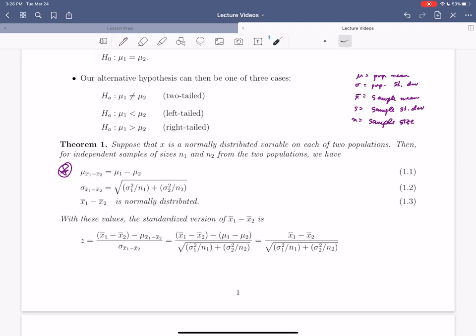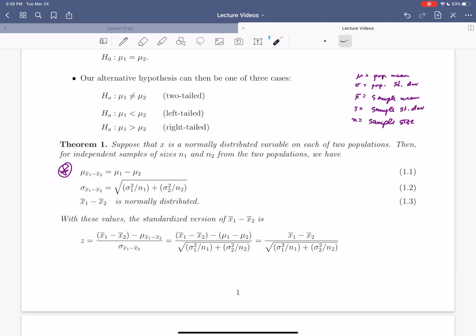So we look at the two different samples, which have sample means x1 and x2. If you look at the difference of those sample means, that's going to play the role of our mean variable.